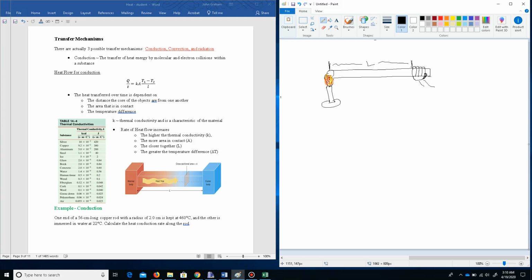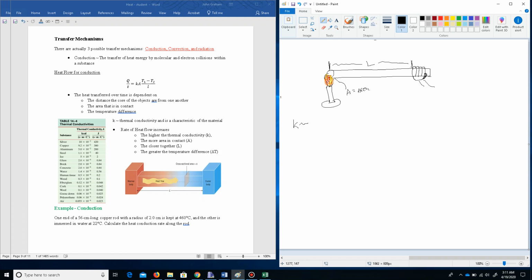You're going to have a certain area here that's within the flame. If this flame was big enough that the whole thing is engulfed, well, that's a pretty big area. You're going to have a big energy flow. We have a constant K. This is based on thermal conductivity. It's a characteristic of the material.